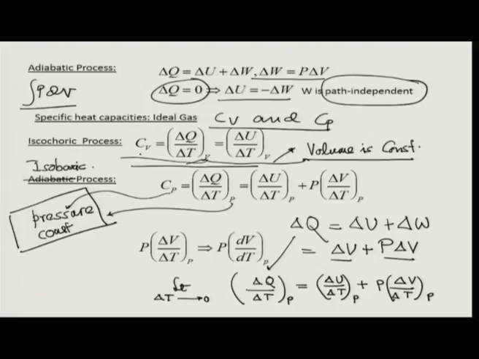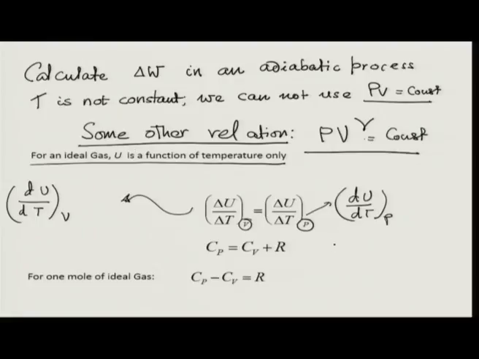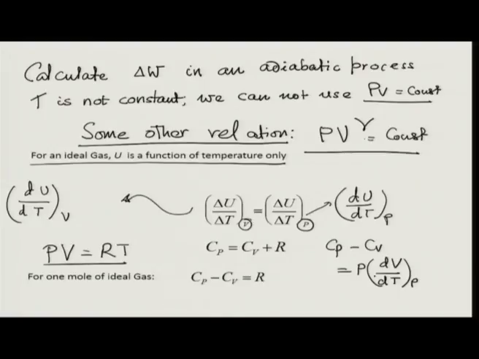This is your Cp, this is your Cv, and all you are left with is Cp minus Cv equal to P delta V over delta T. If you calculate it for 1 mole of ideal gas, for which you already know PV is equal to RT, this immediately gives you Cp minus Cv is equal to R.